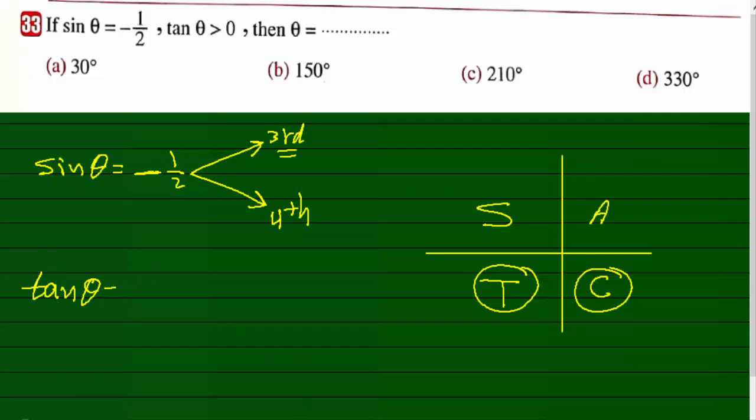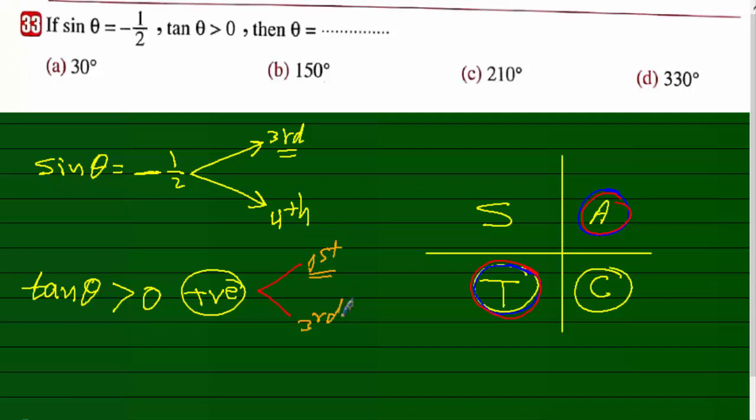Okay, and we have from the given that tan theta is greater than 0, right? It means it is positive. Tan theta is positive in the first or in the third quadrant. So we write tan theta is positive when theta belongs to the first quadrant or third quadrant.